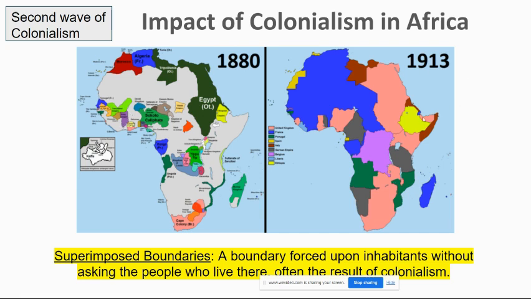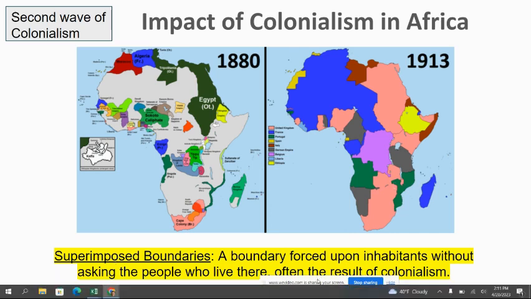By 1913, the majority of Africa had been divided up by colonial powers due to the abundance of natural resources that Africa had to offer, and at the time, some of the advanced weaponry that Europeans had. And that wasn't always the case, but at that time, that was the case.